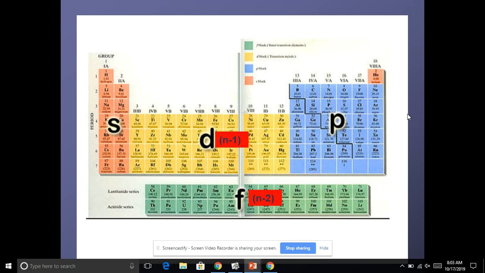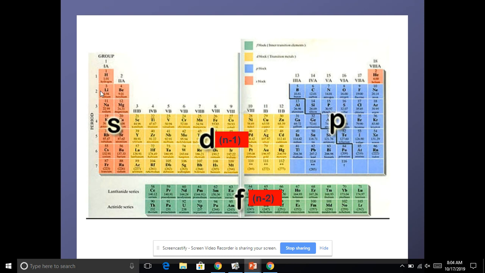If we look on our periodic table, over on the side where it says period and it has 1 through 7, this 1 through 7 is actually the N. If I'm talking about N equals 1, I'm talking about hydrogen and helium, because those are the only two elements on the one row. And you'll notice that hydrogen and helium are both S blocks. So when it said that for N equals 1 there are only S orbitals, that's what that means.